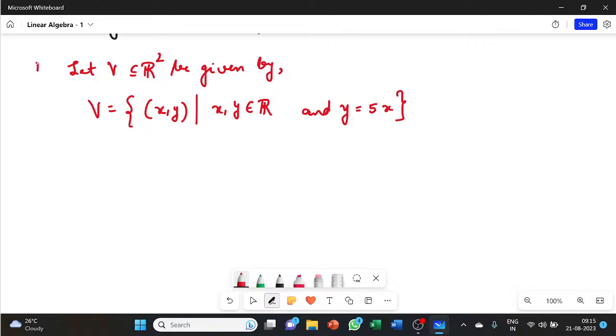So let us consider this set. Let V be a subset of R square given by (x, y), where y is related to x by y equals 5x. And we define the vector addition the same way we defined it in R square.